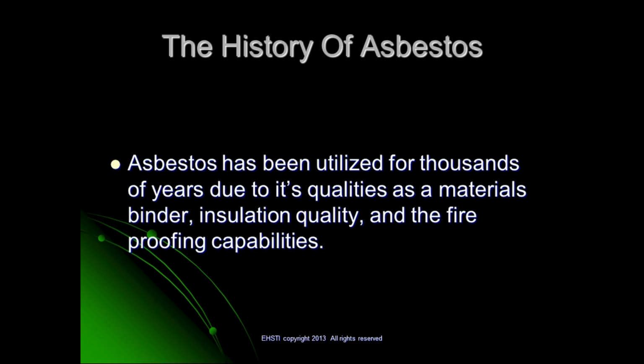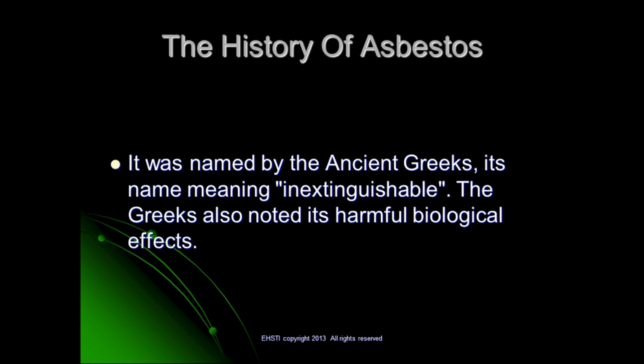Asbestos has been utilized for thousands of years due to its qualities as a materials binder, its insulation quality, and its fireproofing capabilities. It was named by the ancient Greeks, its name meaning inextinguishable. The Greeks also noted its harmful biological effects.